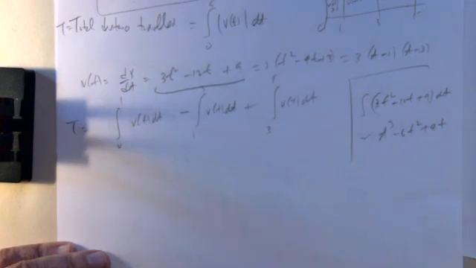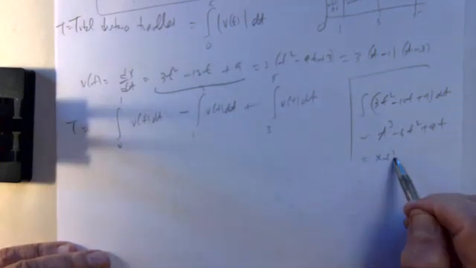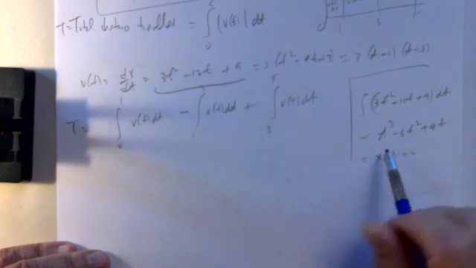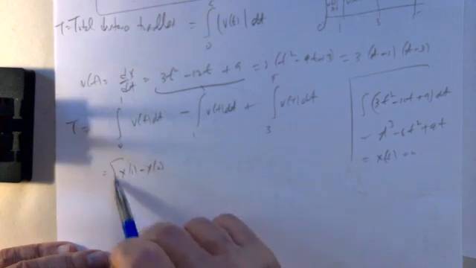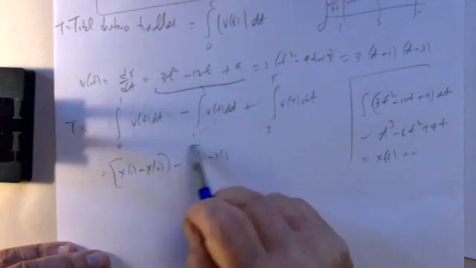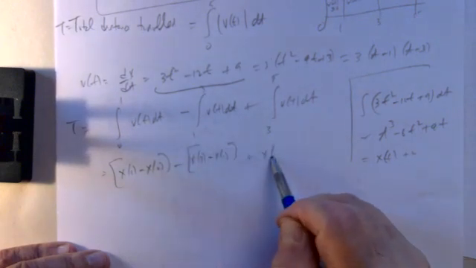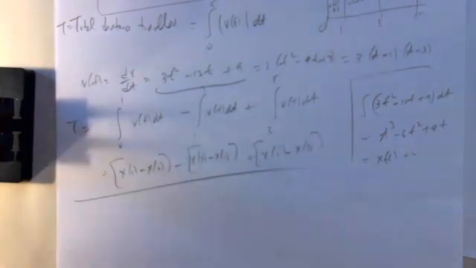Basically the position, which is x of t plus 2. So this is going to be x of 1 minus x of 0, minus (x of 3 minus x of 1), plus (x of 5 minus x of 3). And this is just a calculation you do and you get the answer.